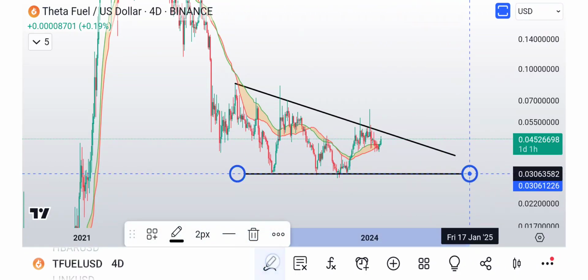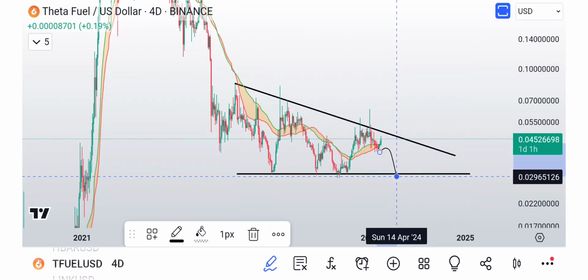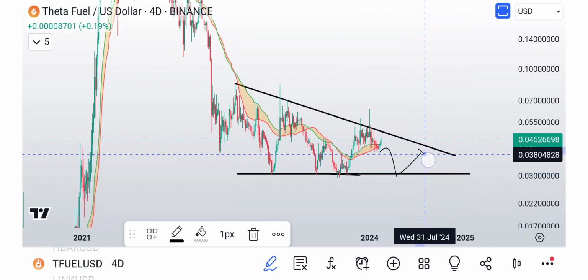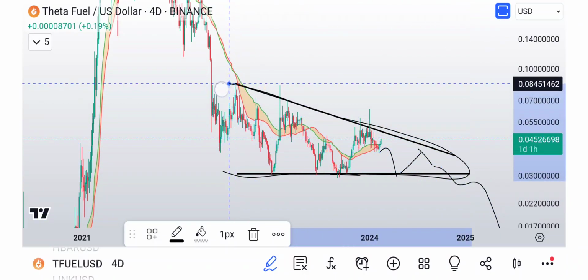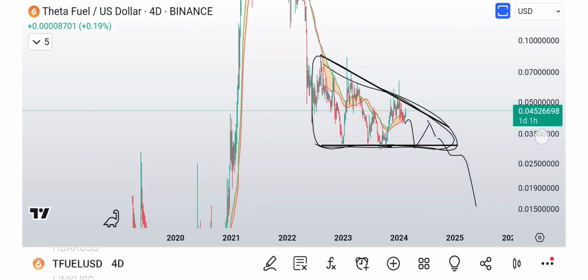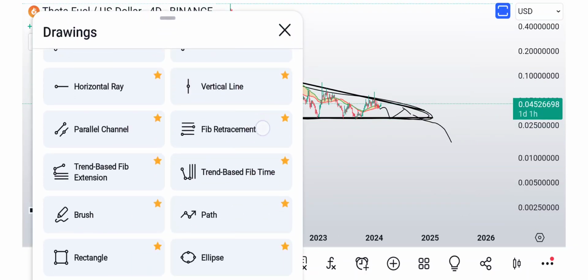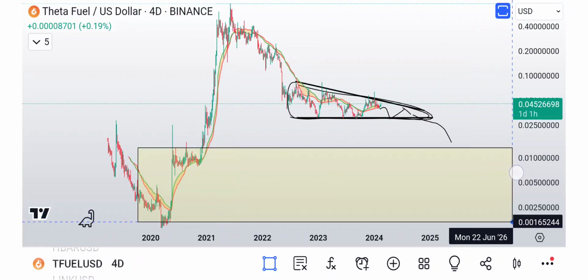So the way you know that is if the price comes back down all the way to the bottom and then comes back up, then gets rejected again, chances are we're going down. This is a descending triangle. And that could totally happen, right? And then where would we go? Well, it looks like we'd probably go, there's not a lot of data, but somewhere in this area down in here.